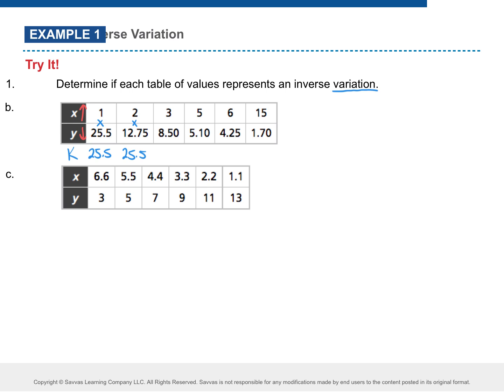Okay, so what's 3 times 8.5? 5 times 5.10? 6 times 4.25? And 15 times 1.7. So is this an inverse variation? Yes. Okay, so you want to check all of them until you know for sure.